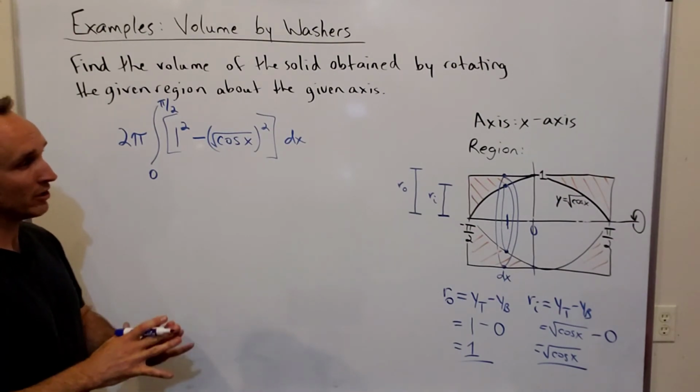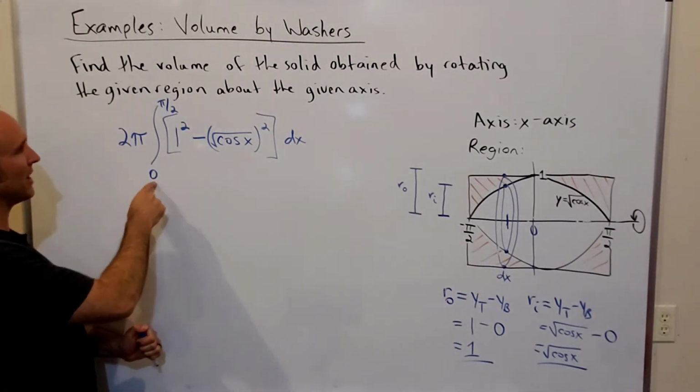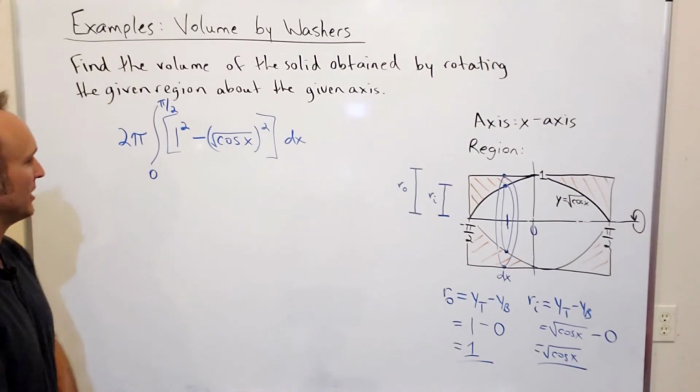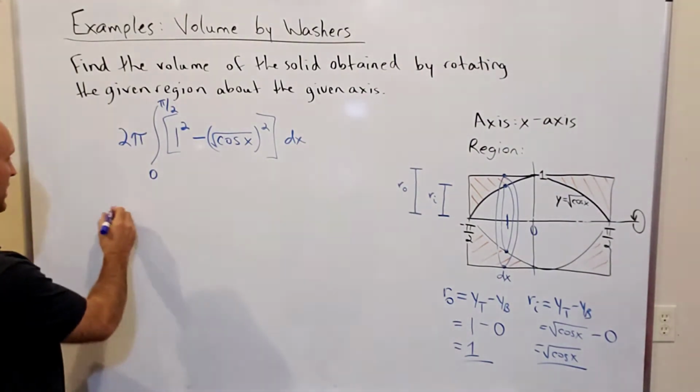But if you don't think you're going to catch that, then work this problem from negative pi over 2 to pi over 2, and you'll get the exact same answer. All right, let's work out the integral now.